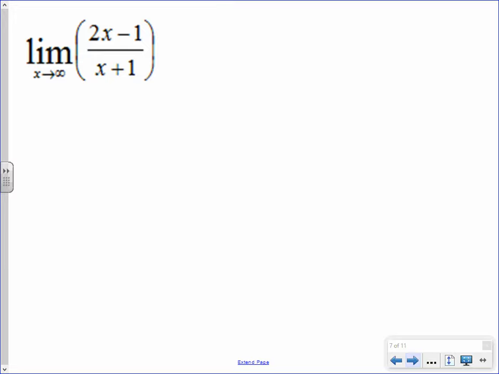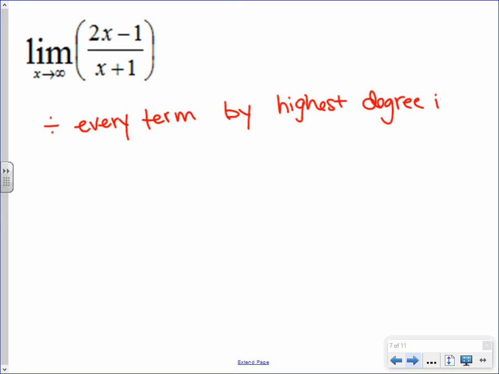Okay? But one strategy that we can use is we can divide every term by whatever is the highest degree in the denominator. We can take every single term in that fraction and divide it by the highest degree in the denominator. So, what's the highest degree x in the denominator? X to the first.